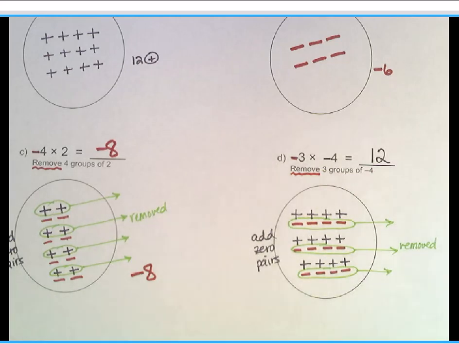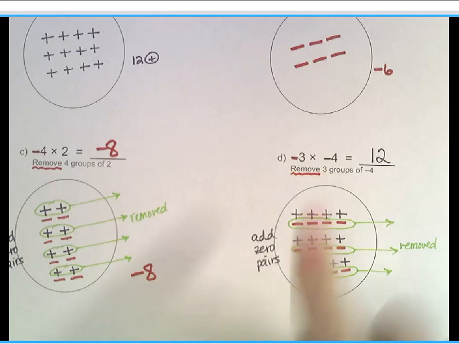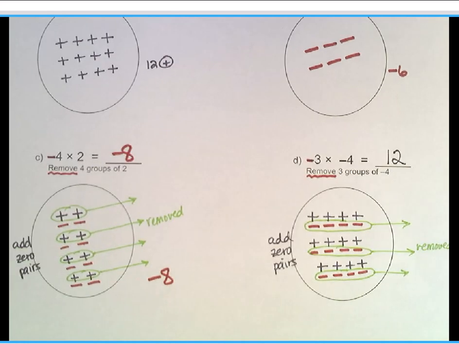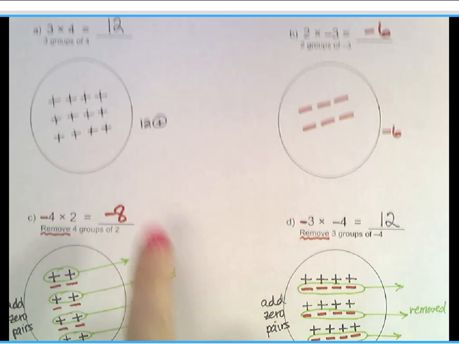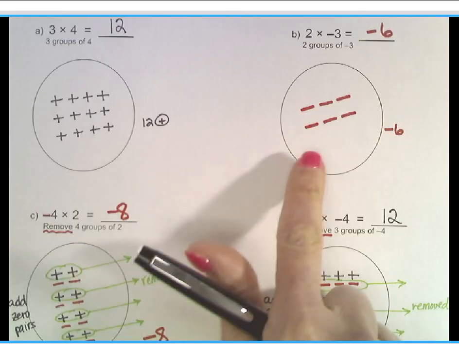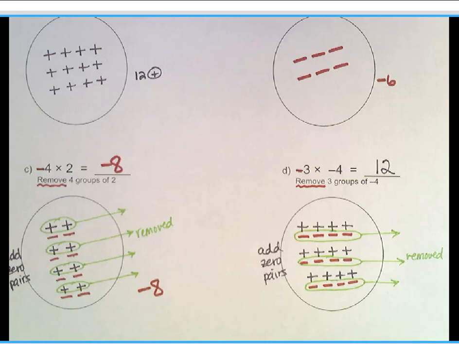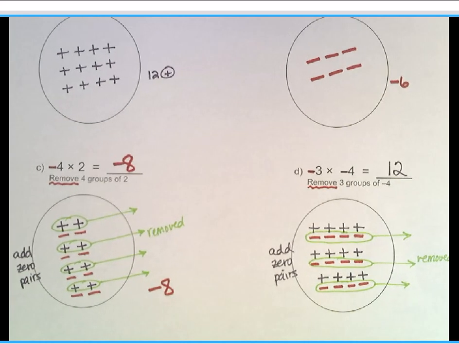And so again, the idea here is to show why the answer turns out to be positive. When you multiply 2 negatives, you actually get a positive. So I think it works if you have positive numbers or if you have one number that's negative. It's a little bit of a stretch when you have 2 numbers that are negative. But again, we're just giving you options so that you can say you've seen all these different ways of working the problems.